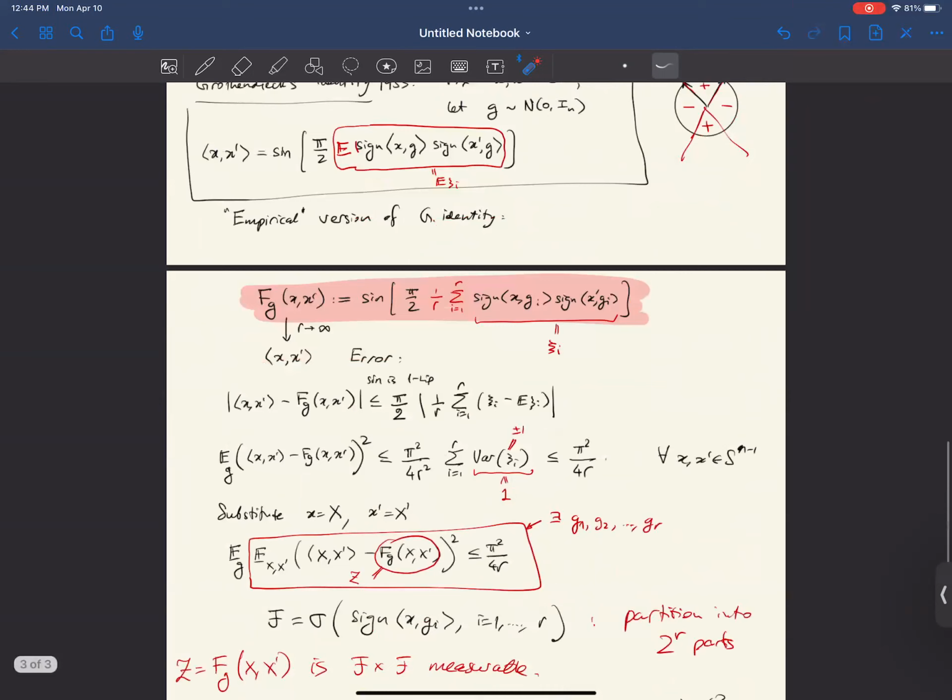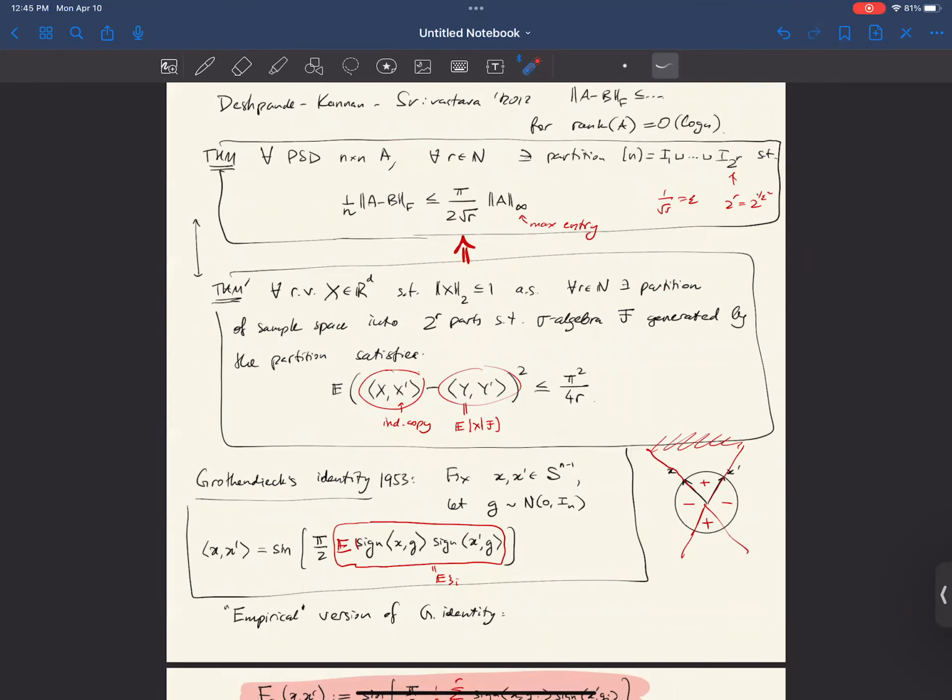So I wanted somehow to relate this. And then what? Okay, so then for the general form, I don't know. That's a good point. Yeah, I don't know.